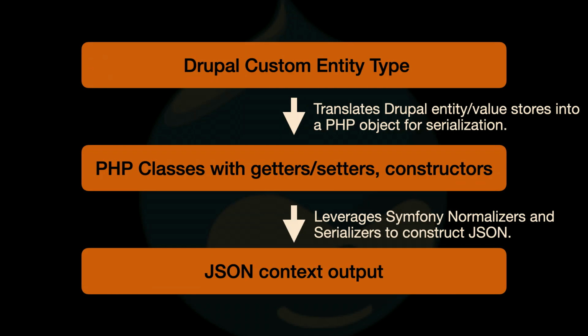So, Drupal allows us to build custom entity types without reinventing the wheel. I'm facilitated by the standard field API to build out those entity value stores and push them into something like a PHP object that I can then leverage Symfony for building out some JSON output without having to build it all from scratch.